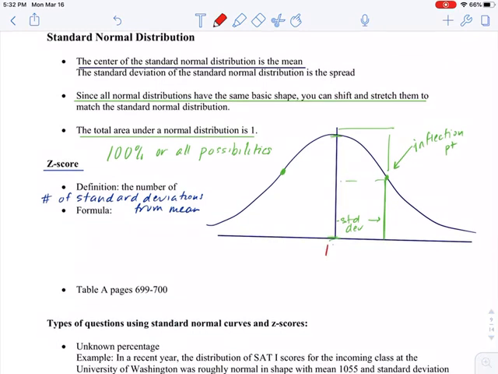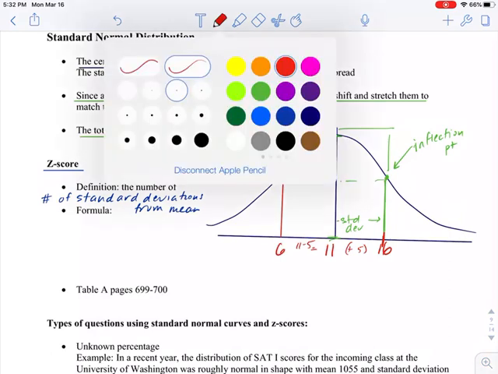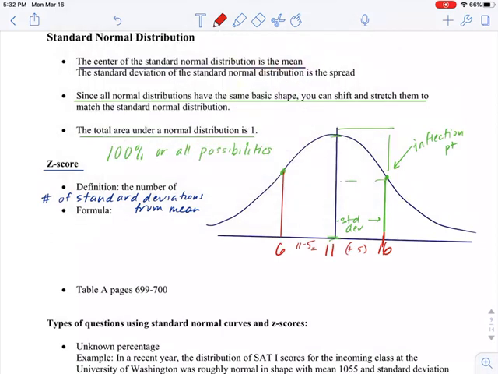So if I go back to this graph, if the mean is 11, then one standard deviation above the mean would be 11 plus 5, or 16. And one standard deviation below the mean would be 11 minus 5, which would be 6. And I can keep going like that. Now I can measure out 2 standard deviations. I would add 5 again to get 21. And 3 standard deviations, I would add 5 again to get 26.